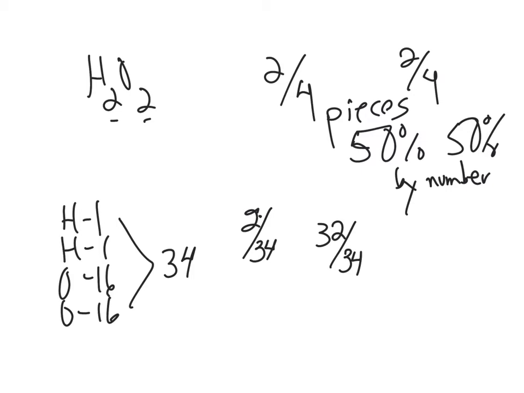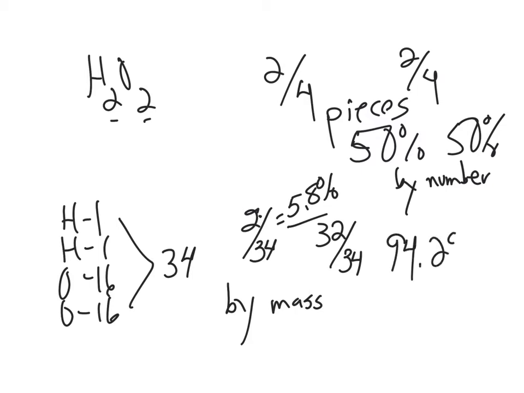So our first piece here, 2 out of 34, ends up being 5.8% by mass hydrogen. Obviously, when you do the math, both pieces have to add up to 100. So this would be 94.2% oxygen by mass.